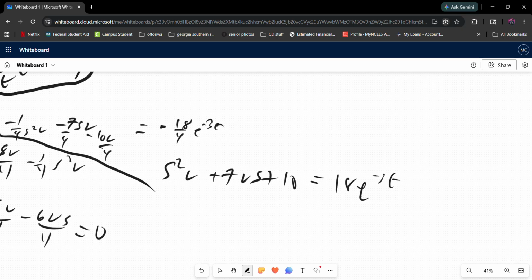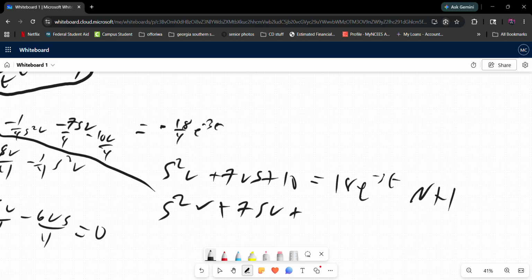Okay, so now we have this equation. To solve the ODE, this is non-homogeneous, right? We need to write the homogeneous version. So we end up with S squared V plus 7 SV plus 10 V equals 0. So that's the homogeneous equation.